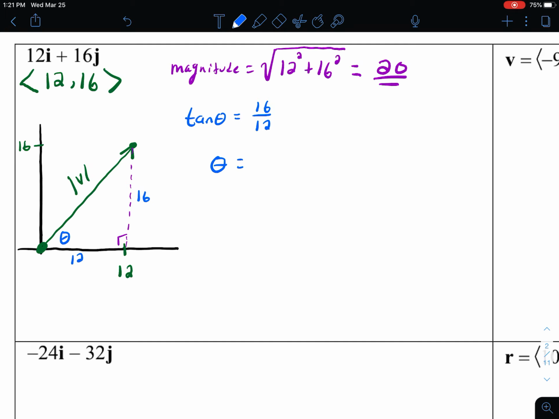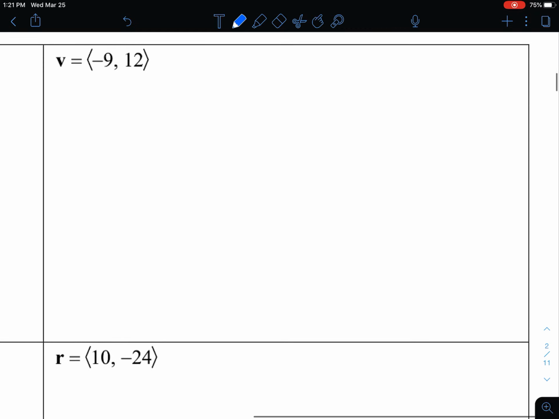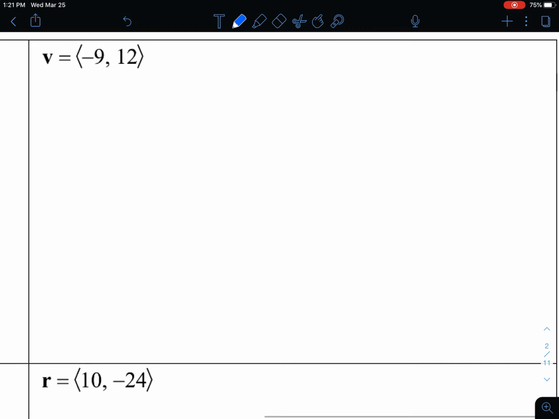And I would do inverse tangent of that. So inverse tangent of 16 over 12 is going to give me an angle of 53.13 degrees. So there's my direction and my magnitude. Now let's go to a different quadrant.